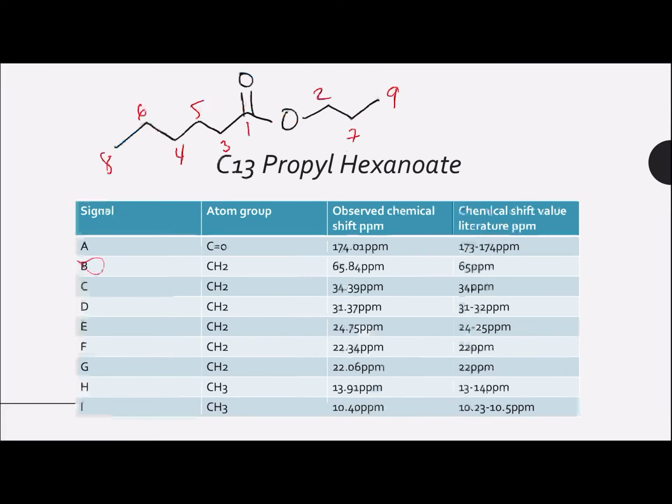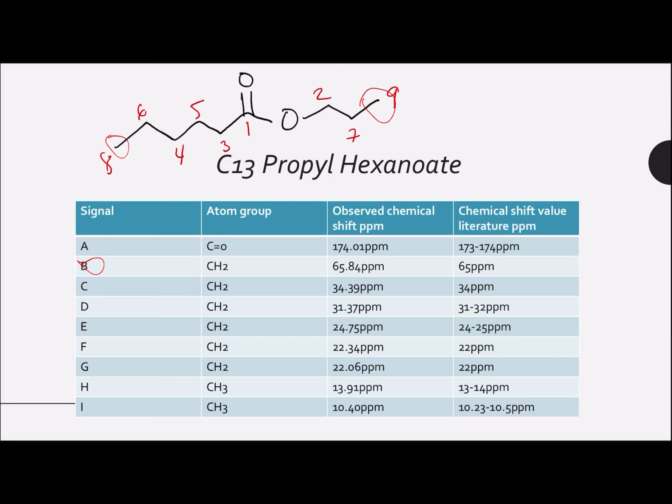So let's move forward into the CNMR, C13, of propyl hexanoate. Right here we have our carbon double bond O group being the most downfield, and we have our CH2 to several CH2s and 2 CH3s, one at each end right here.